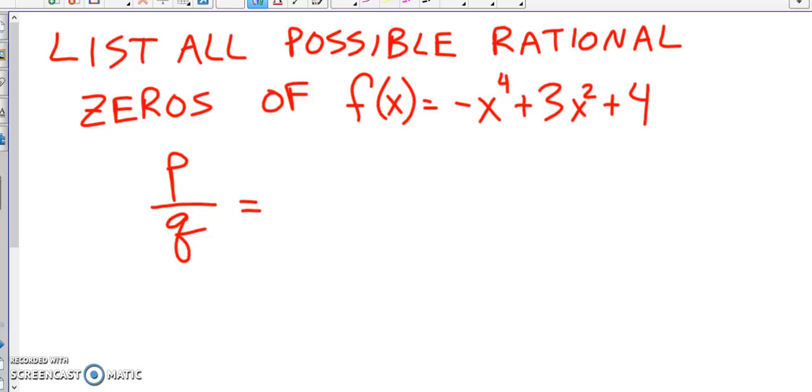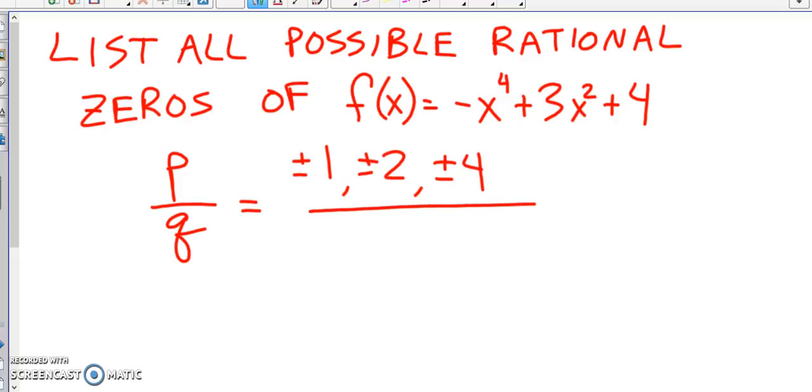And technically speaking, they could be positive or negative. So when I make this list, I can do plus or minus 1, plus or minus 2, or plus or minus 4, because the constant's 4, and those are all the things that divide into 4. What about the leading coefficient?